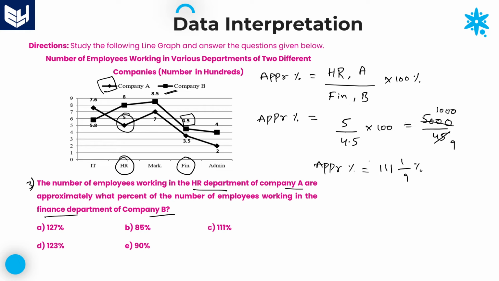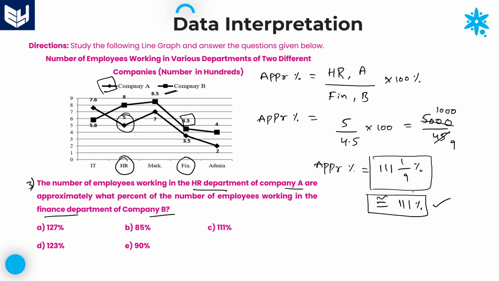If you want the exact answer, your exact answer is 111 by 9 percentage. But here he is asking us to calculate the approximate answer. So this particular value is approximately equal to 111 percentage.